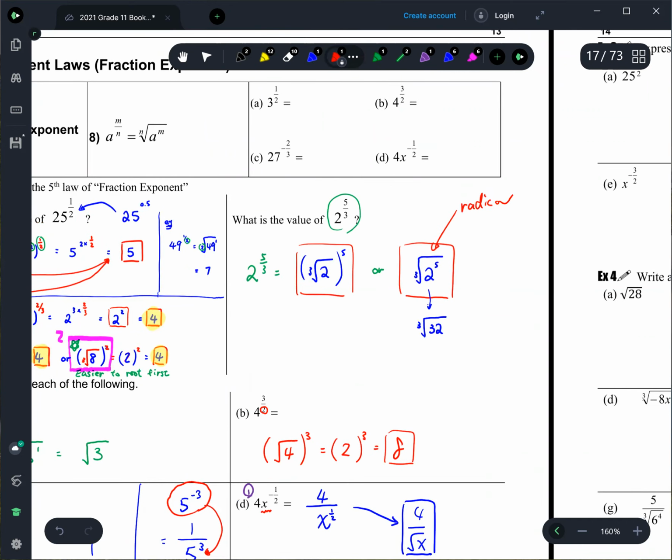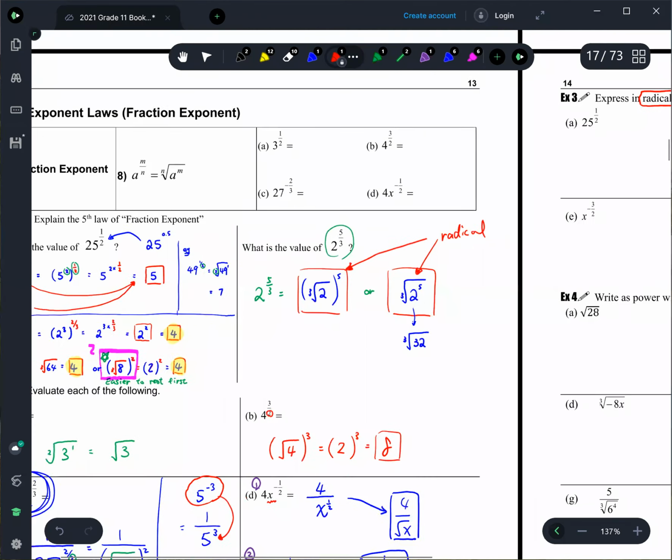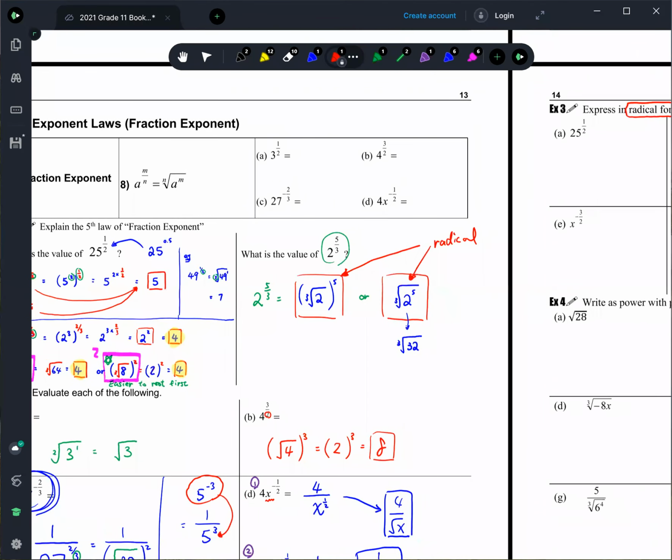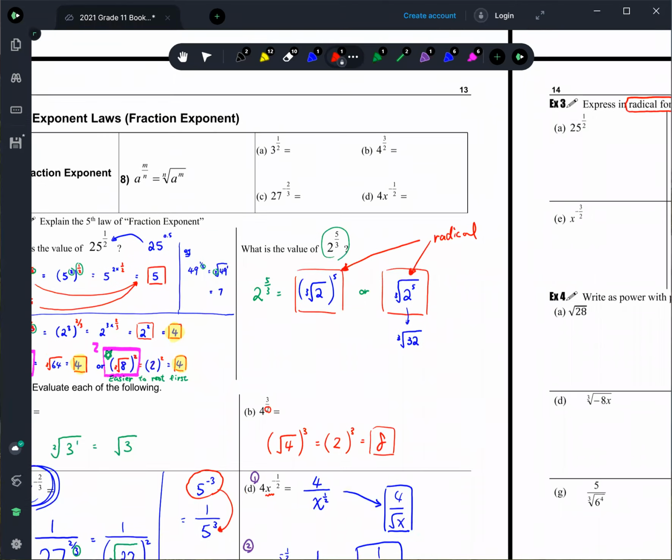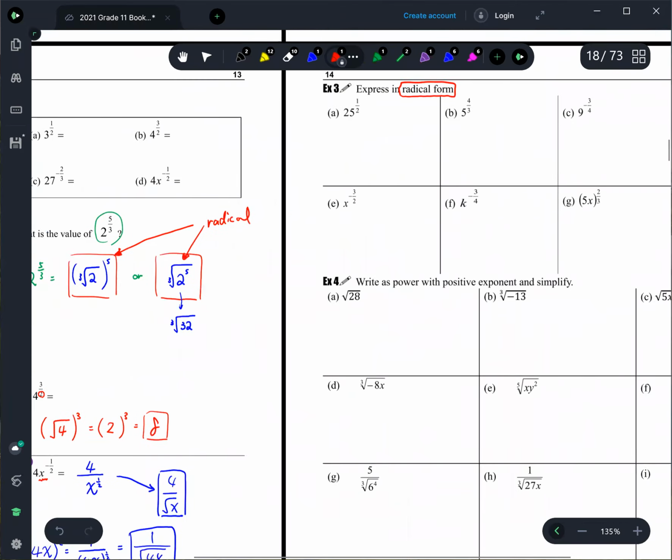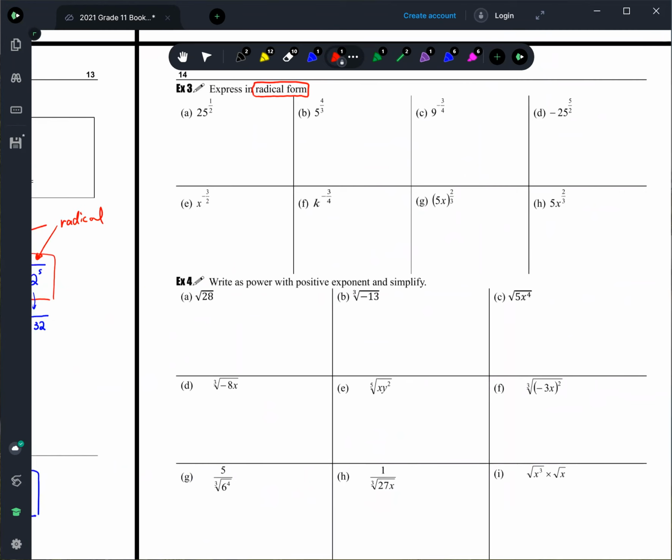Okay, radical is the square root sign, or this way. This is also the radical form. Okay, so you don't need to evaluate, okay? You don't need to continue find the answer. You just get to the radical form. So please complete the question 3, all the 8 questions, okay? And then you can raise your hand.